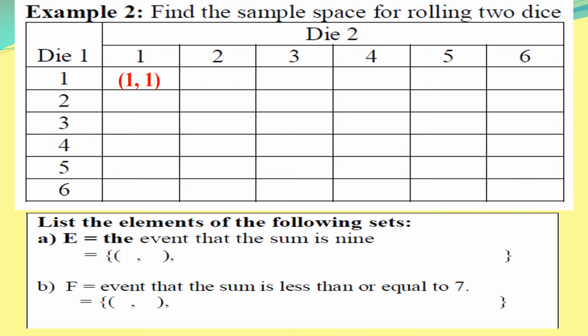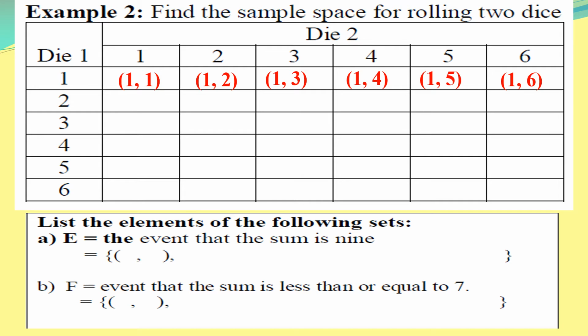Supposing die number 1 shows a 1 and die number 2 shows a 2, the element would be 1, 2, and so on: 1, 3, 1, 4, 1, 5, 1, 6.